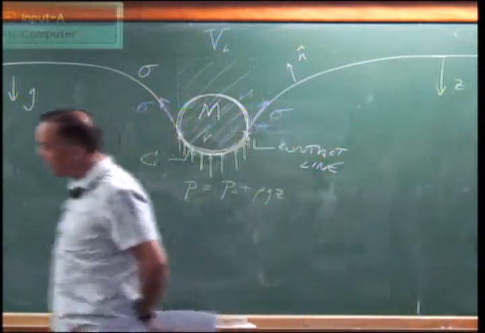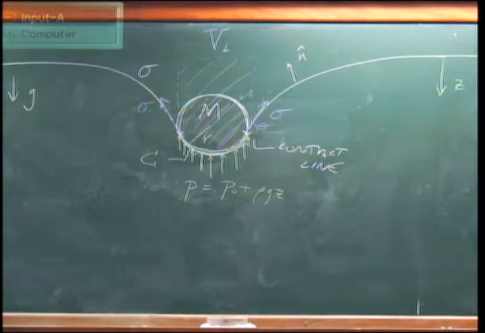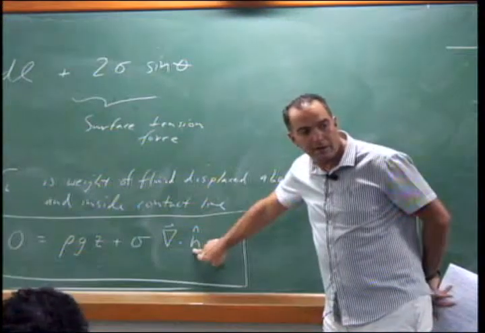So that's what we get by integrating this along the curve, and then the question is what we get when we integrate the curvature pressure along the meniscus. Okay?